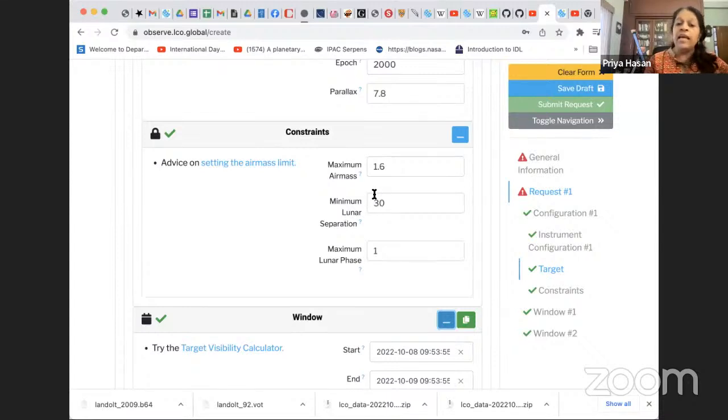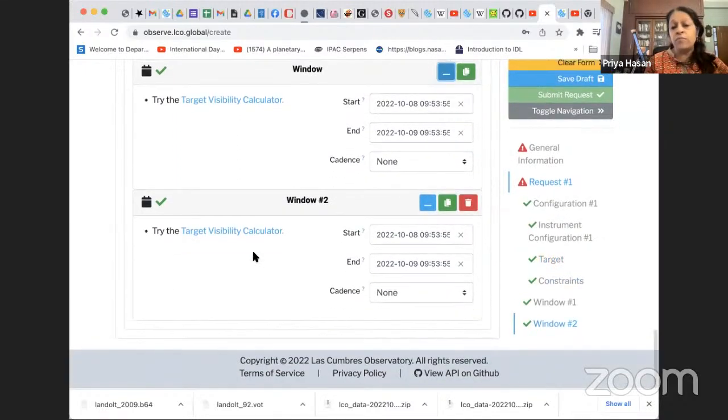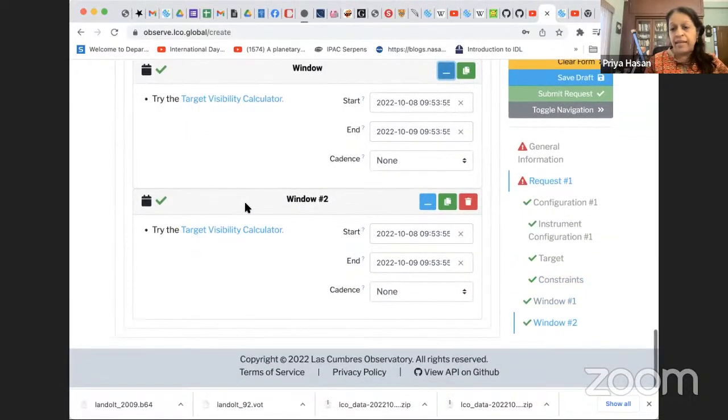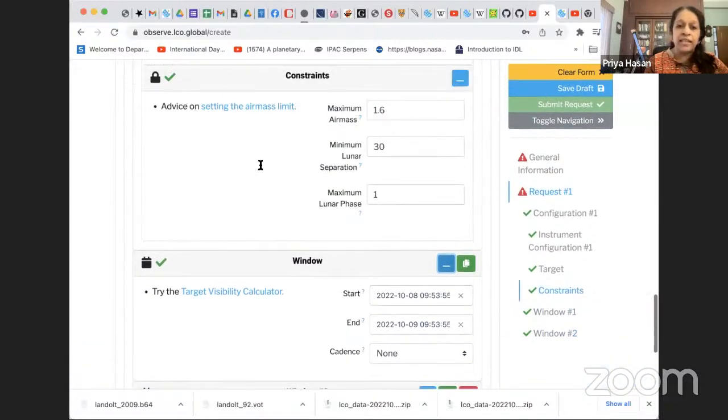So supposing I say that it should be at least 30 degrees away from the moon, but it is within that period, then my observation will not happen, right? So we need to know whether this object is over there. Depending on that, it may observe or not observe. So you should check that.